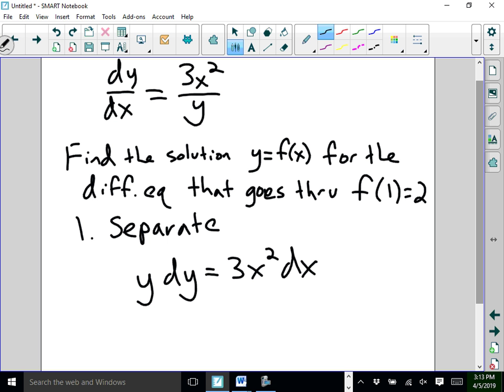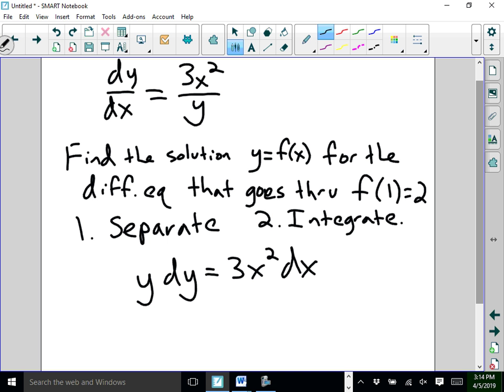Step 2 then is to integrate. So we separate, integrate. Okay, that's our first 2 steps. Now we're going to do indefinite integrals here, and generally when we do indefinite integrals, we have to add a plus c. We're only going to do that in one place. I'm always going to do my plus c just on the right side.